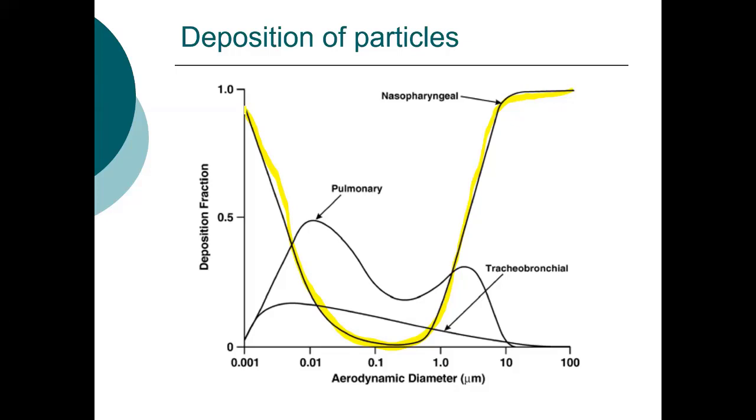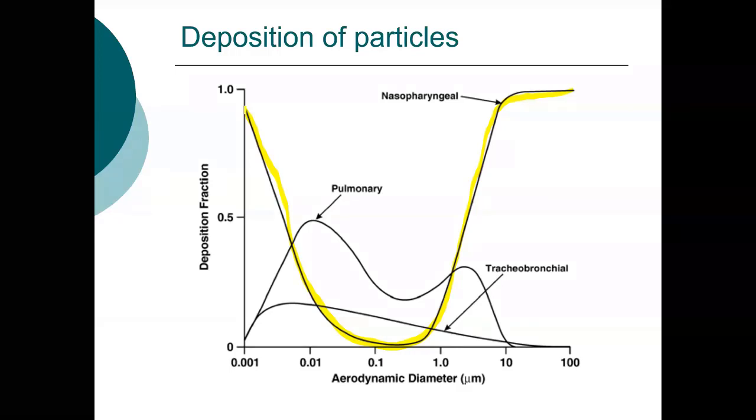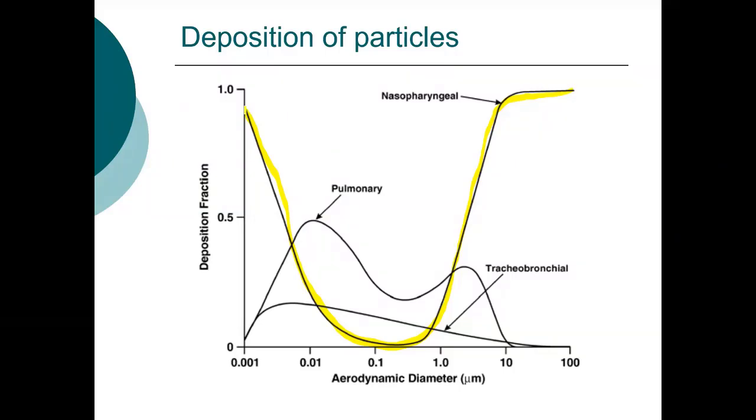What you note is that the very large particles are predominantly removed in the nasopharyngeal region. These are removed by inertial impact, and that material tends then to move into the digestive system where it can be detoxified and removed.